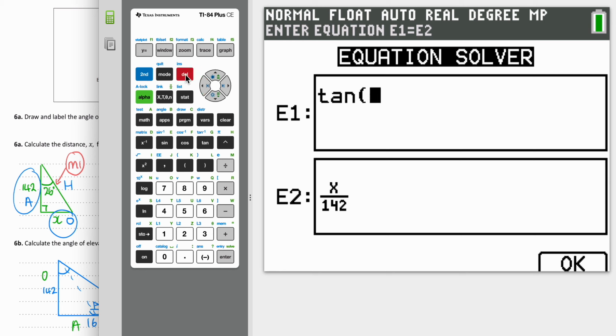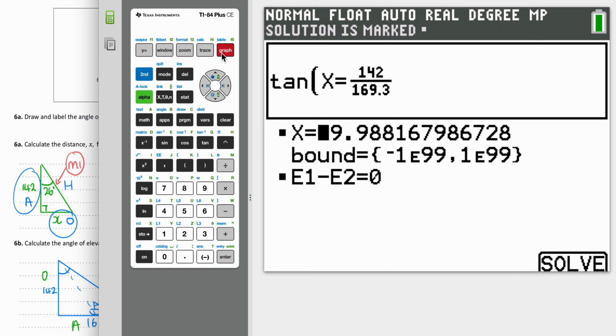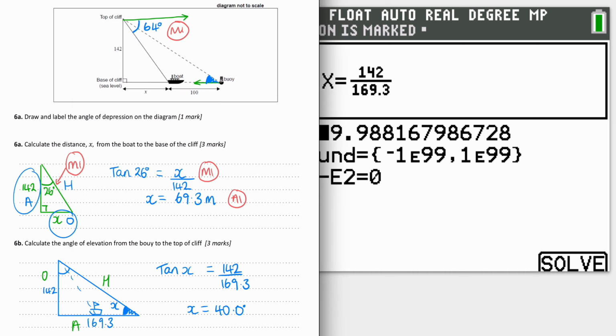So tan of x is equal to 142 over 169.3. I need to remember to press solve, and it's 39.98. So to three significant figures, that is 40.0 degrees, which is my final angle.